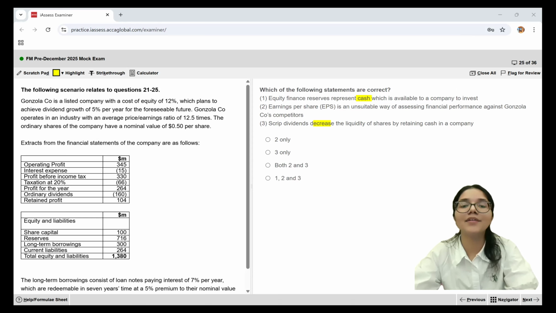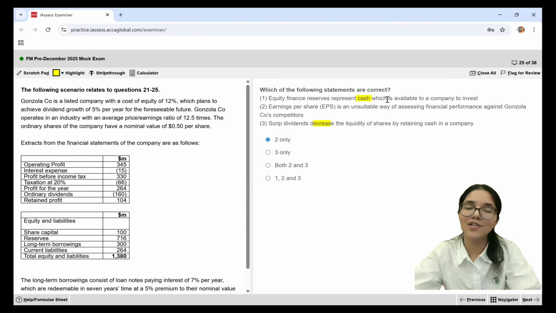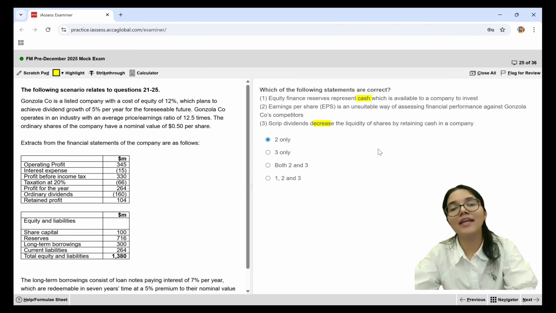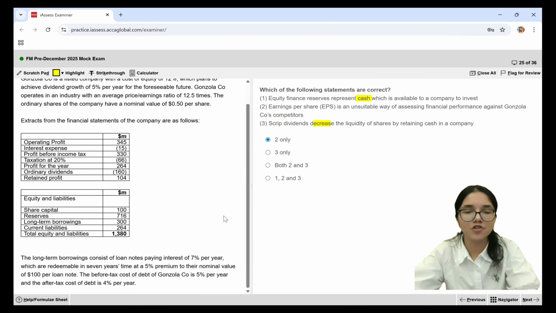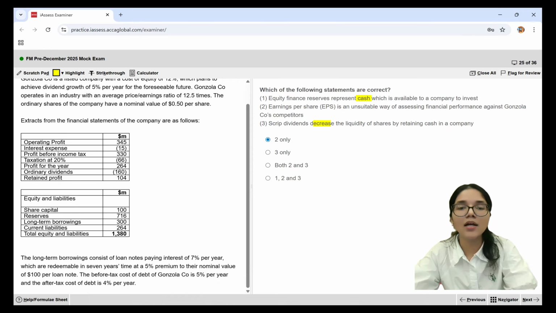That means this rather increases the liquidity rather than decreasing it. So only the second statement in this case is correct. First can be correct if it says that equity finance reserves do not represent cash. It can be in the form of any extra profits which were accumulated that may or may not be in the form of cash. And scrip dividends, rather than decreasing, increase the liquidity of the shares because there are more shares in the market which are available now.